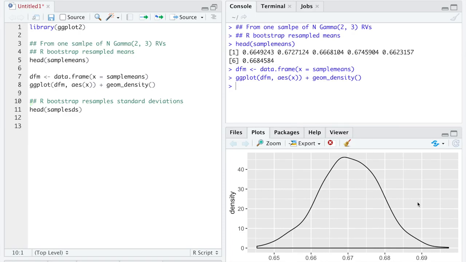So here is the sampling distribution of the sample mean for data that originally came from a gamma 2, 3 population. What we're seeing from the sampling distribution is that the most likely values for the sample mean are centered around 0.67. Now I know that's actually a reasonable guess because for the 2 parameters for a gamma distribution, the expected value is 2/3. And indeed, our sampling distribution is centered around a really good guess for the population mean.